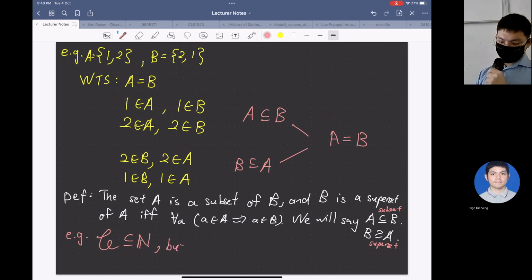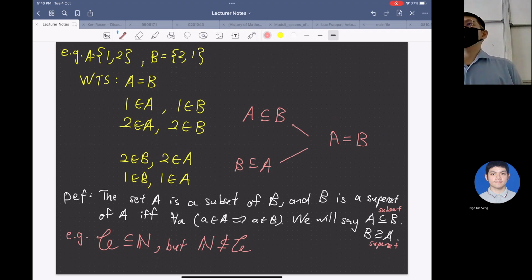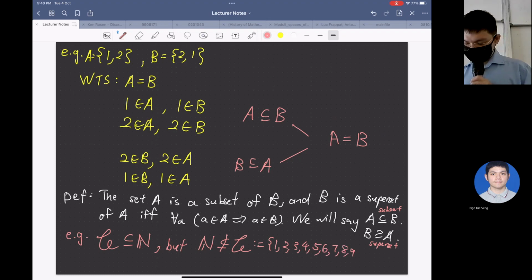But n is not a subset of the clock numbers. Why? Remember what the clock numbers are: 1, 2, 3, 4, 5, 6, 7, 8, 9, 10, 11, 12.